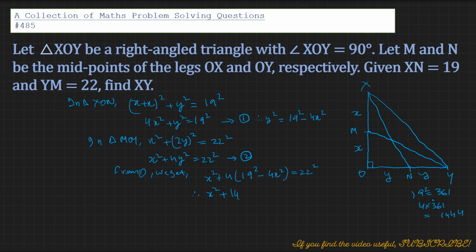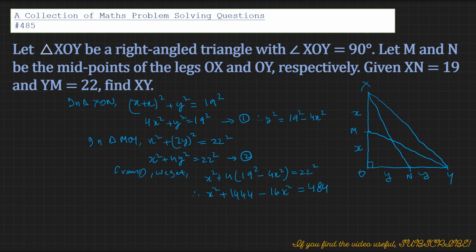So 1444 minus 16 x square equals 22 square. So what is 22 square? 22 square is 484.